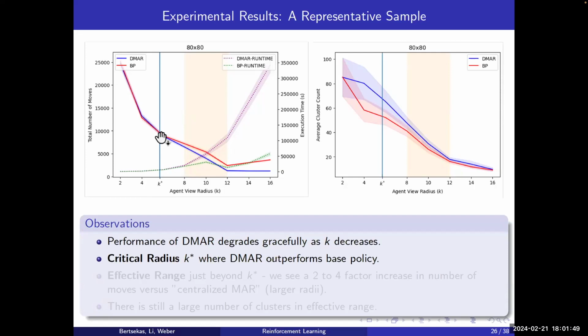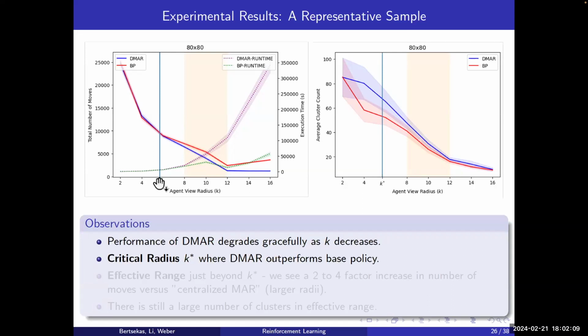At this radius, DMAR starts to consistently outperform the base policy. At this point they're more or less the same, and then you start to see a divergence where the cost of DMAR starts to get lower than the cost of the base policy.